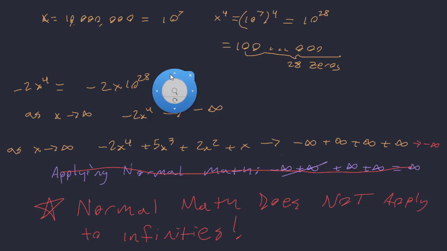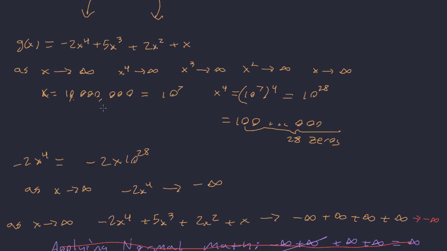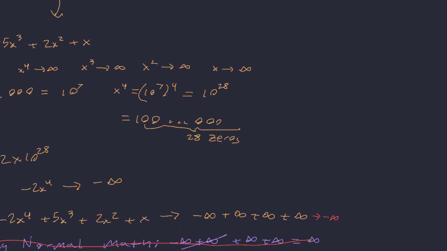Because as we said, when x is 10 million, that's 10 to the 7th. x to the 4th is going to be 10 to the 28th. That's 28 zeros. On the other hand, x cubed will be 10 to the 7th to the 3rd, which will be 10 to the 21.